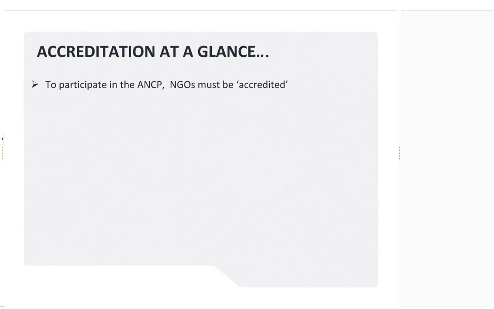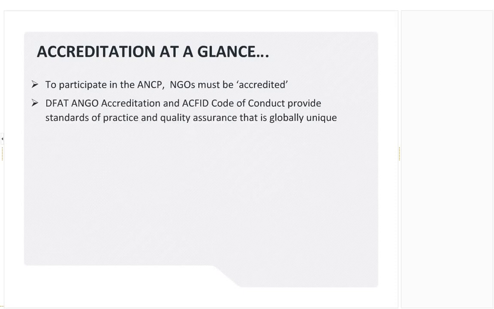To participate in the ANCP, NGOs have to be accredited. So that's where this process comes in, and accreditation is valid for 5 years, and NGOs have to be re-accredited every 5 years to stay in the program.